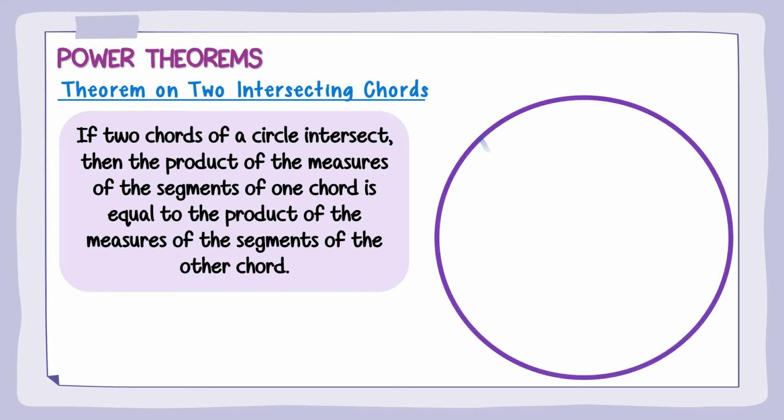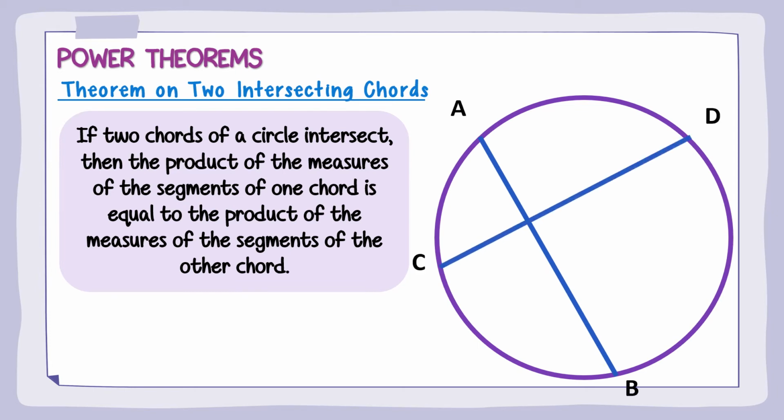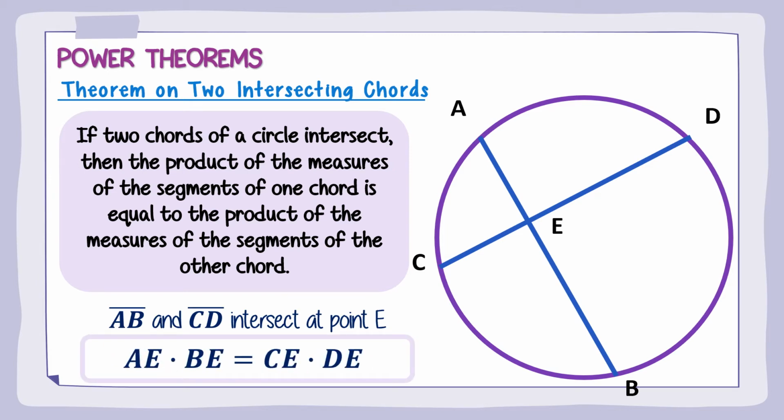So according to this theorem, if we have this circle with chords AB and CD intersected at point E, then we have the measurement of line segment AE times line segment BE is equal to the measurement of CE times the measurement of DE.